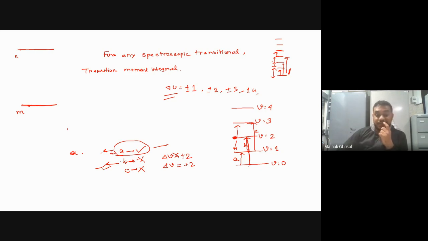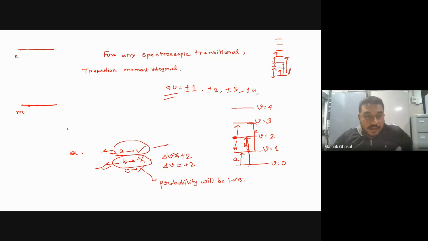If I give energy equal to B, will it happen? Yes, it will always happen, but the probability will be less. So in spectroscopy, forbidden doesn't mean that it doesn't happen, but it happens with very low probability.